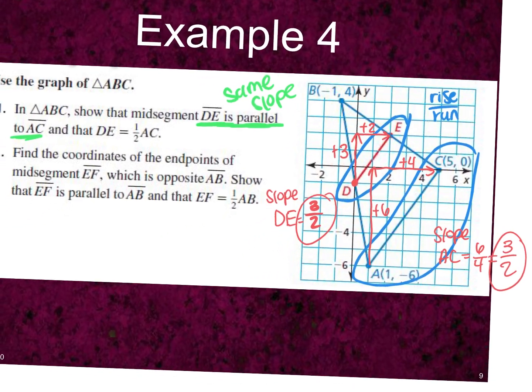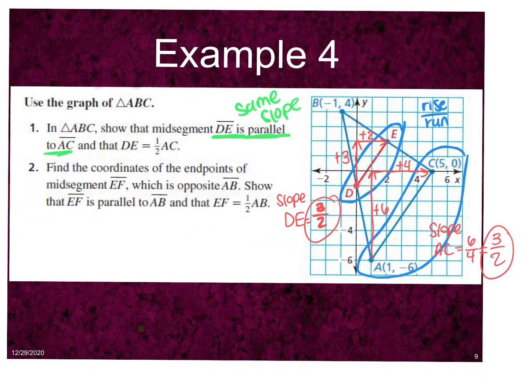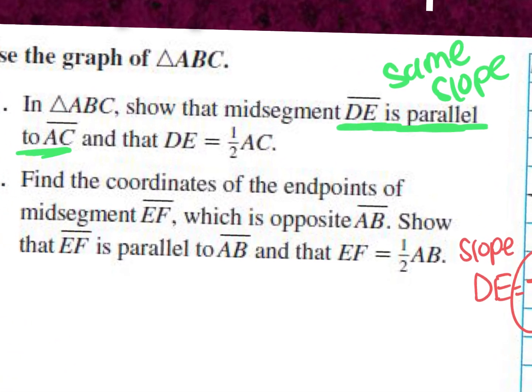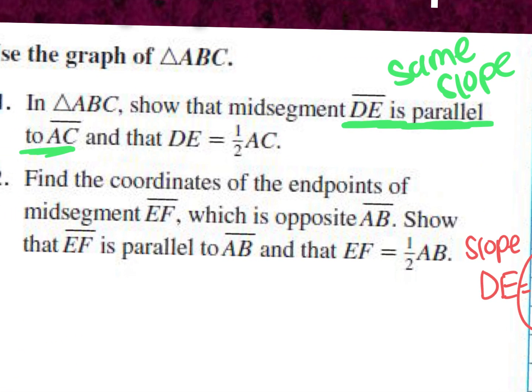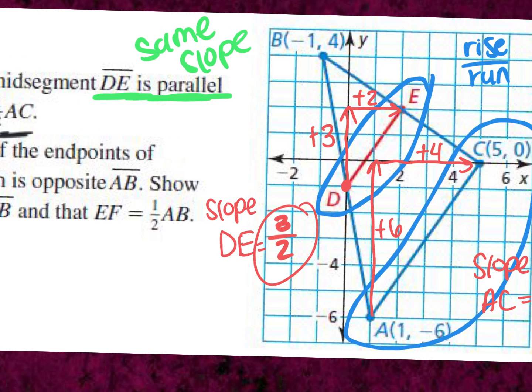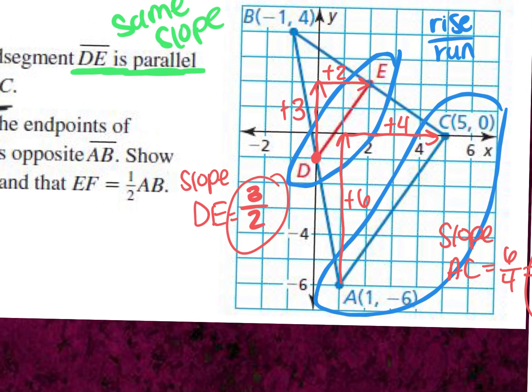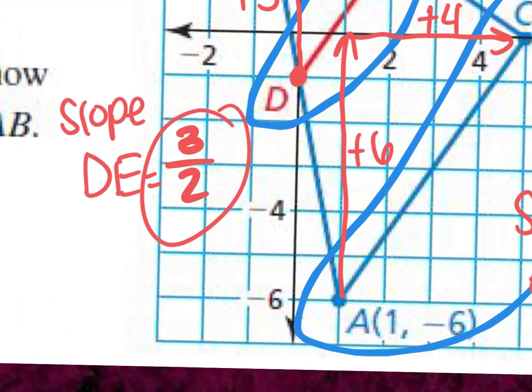Okay, so as soon as we prove that the slopes are the same, then the only thing that we have left is we have to prove that the segment DE is exactly half the segment of AC. So how we're going to do that is we're just going to find the length of DE and the length of AC. So DE, let's find the coordinates of it.